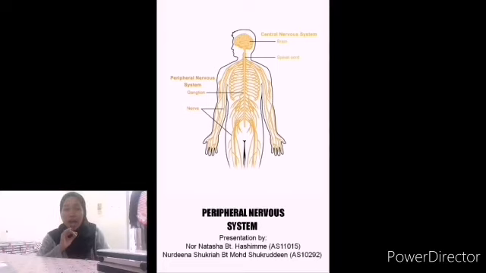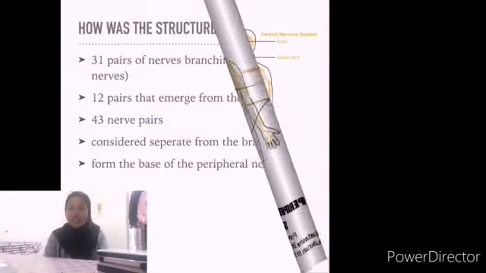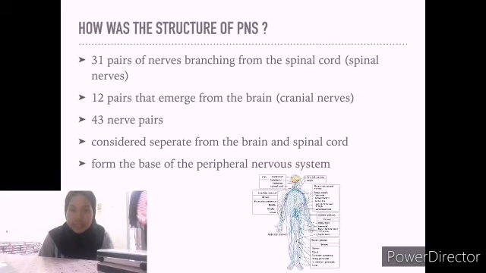Basically, I will introduce to you guys the structure of the peripheral nervous system. We call it PNS. Basically, PNS consists of 31 pairs of nerves branching from the spinal cord. It is called spinal nerves.